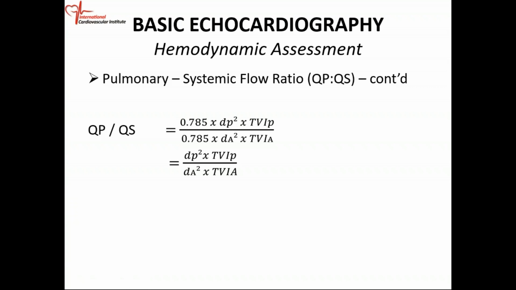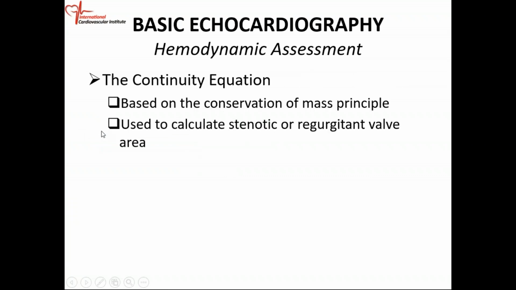But if you have a lot of blood flow from the left to the right across the shunt, then your pulmonary flow is going to be elevated and the ratio is going to increase. It may increase to 1.2, 1.5, 2.